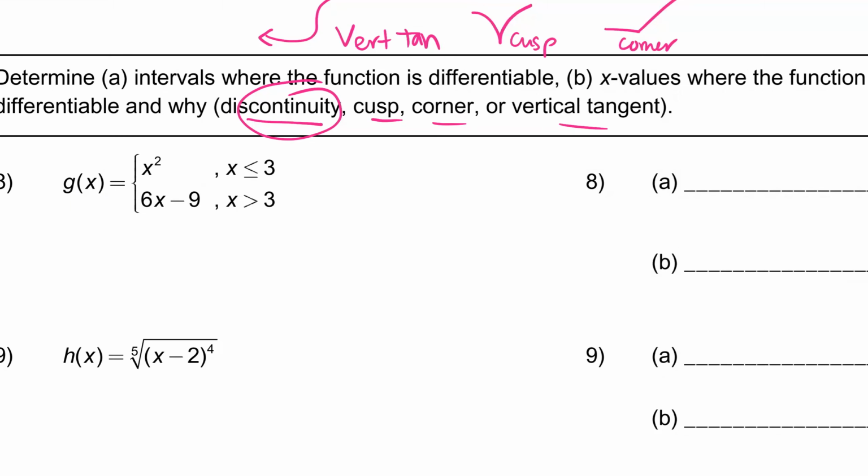So we want to find where it's differentiable. So let's see if this is even continuous. If it's not continuous, we can throw it out right away. So if I'm looking at x squared by itself, polynomial, all real number domain, continuous. 6x minus 9 by itself, polynomial, all real numbers, perfect, continuous.